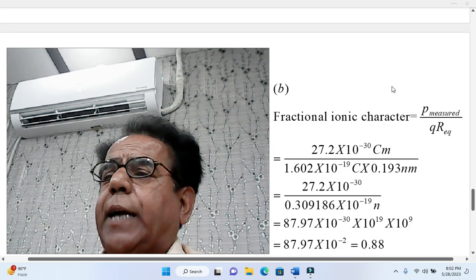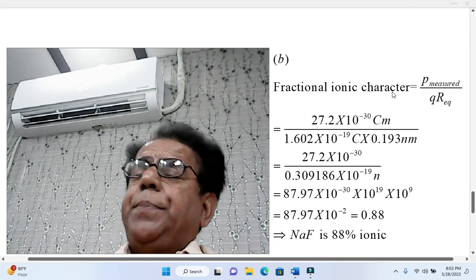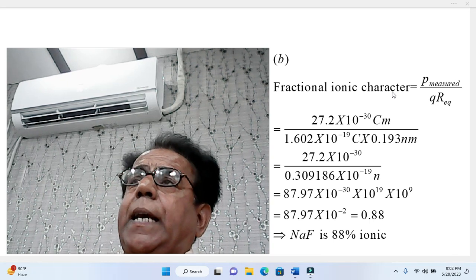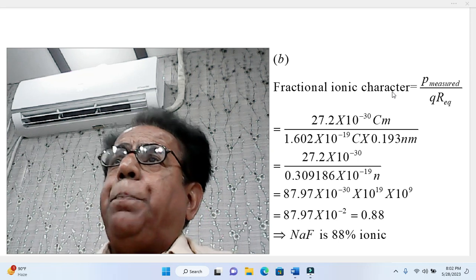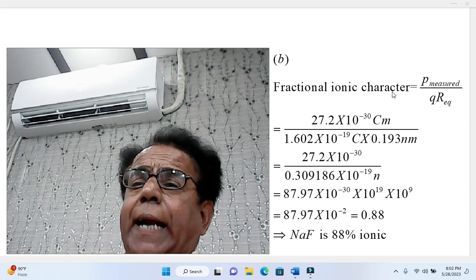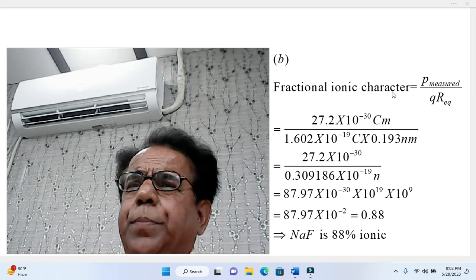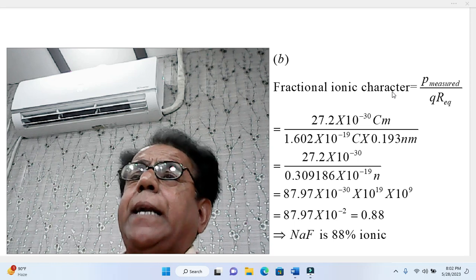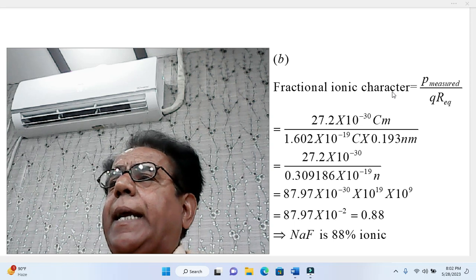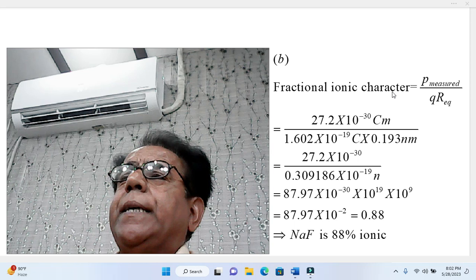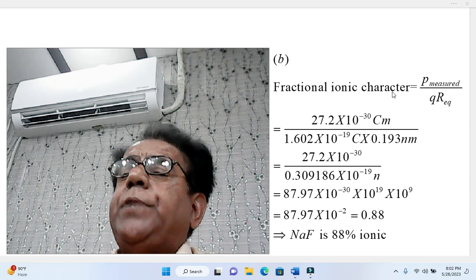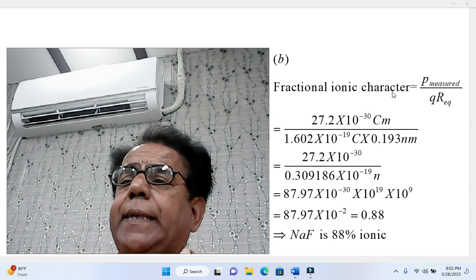Now we move to part B. Part B, dear students, is about fractional ionic character. For this purpose, we had introduced a helping tool which had two versions. Both versions had equations of the form 9.3 or 9.5, and about this helping tool, I had expressed my opinion that these two versions might be taken from the book which we are following, that is Modern Physics by Kenneth S. Crane.